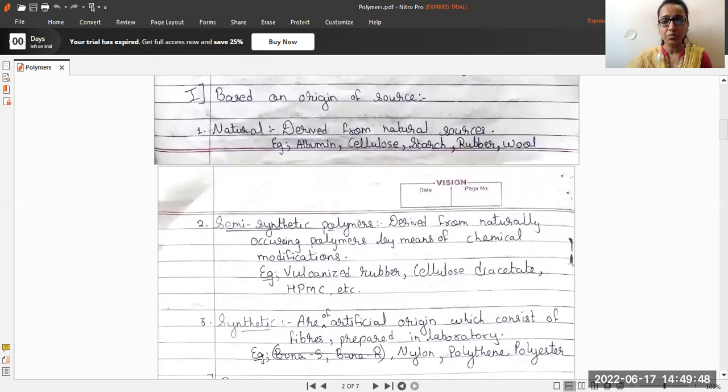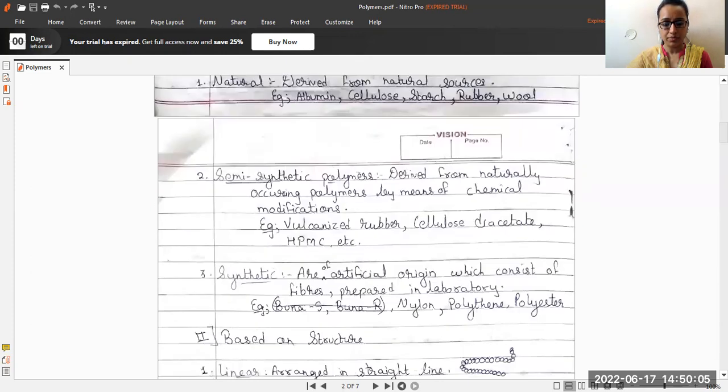That's why it is given the name semi-synthetic, that is, partly synthetic polymers. Examples of semi-synthetic polymers are vulcanized rubber, cellulose diacetate, HPMC, etc. Next are synthetic polymers. These are of artificial origin, consisting of fibers prepared in the laboratory. Examples of synthetic polymers are nylon, polythene, polyester, etc.